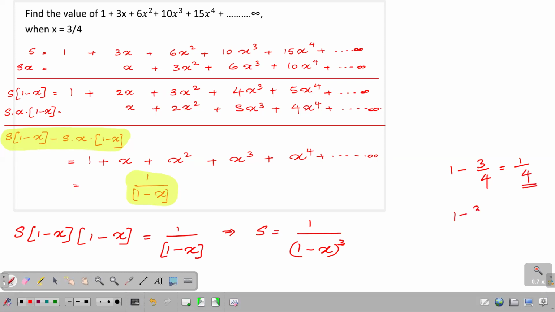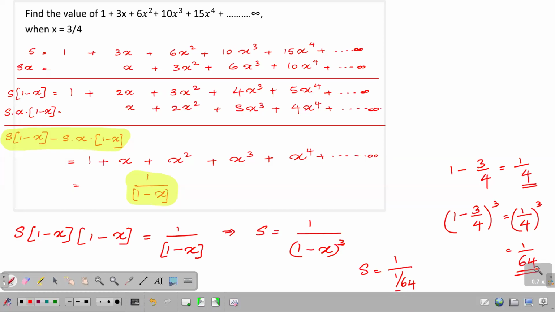Now, what is that 1 minus 3 by 4, the whole power 3? That is nothing but 1 by 4, the whole power 3, which is equal to 1 by 64 it comes. You got the point? So now the answer is ready. What is that sum? The sum is 1 by 64.